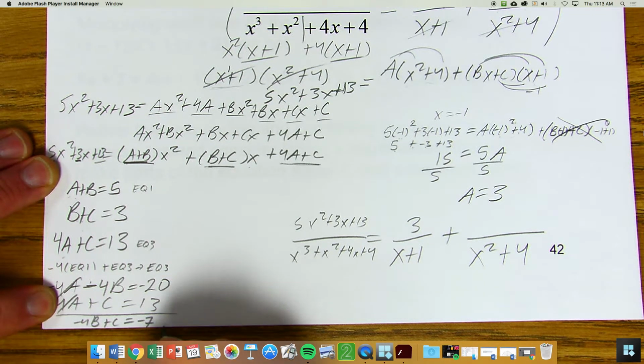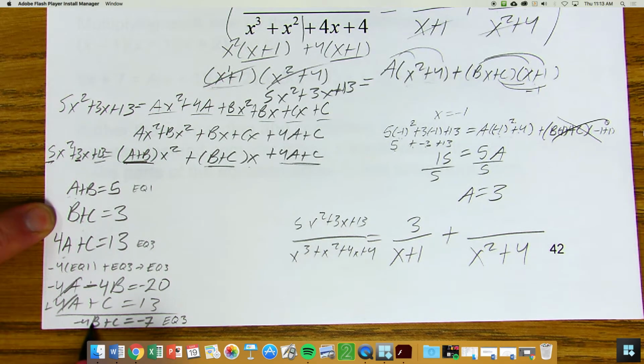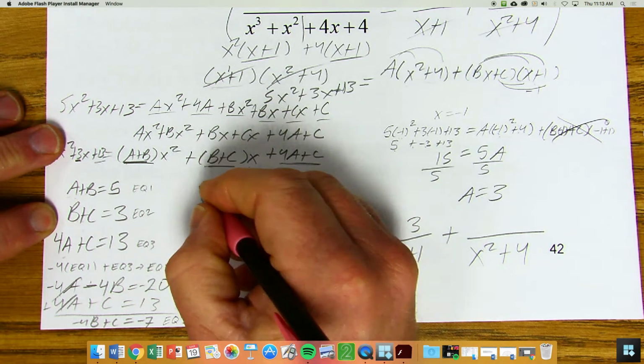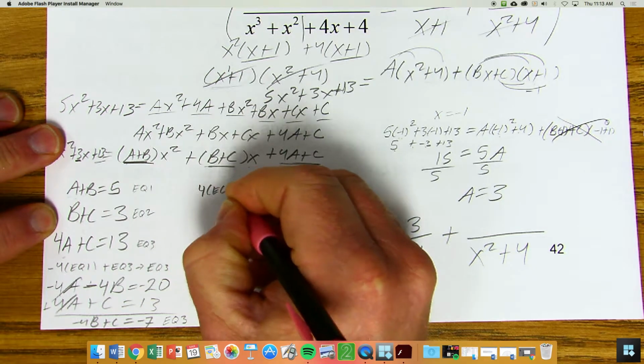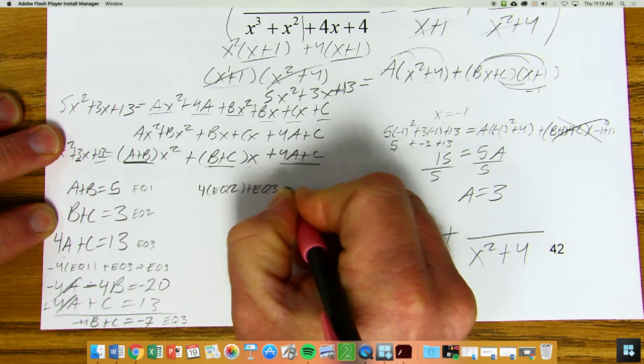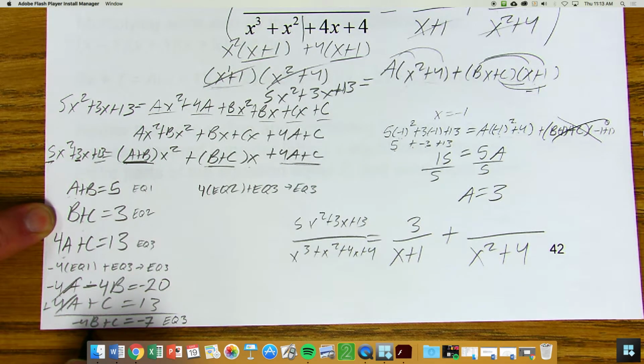Okay? This is now my new equation 3. Now I need to get rid of that b. So if I multiplied equation 2, remember this is equation 2. So remember, if I take 4 times equation 2 and then add it to my new equation 3, that's going to replace equation 3, and that'll get rid of the b, which is what I want.